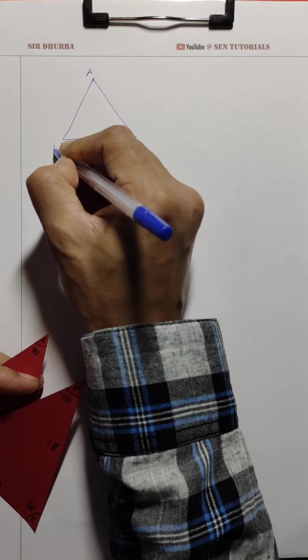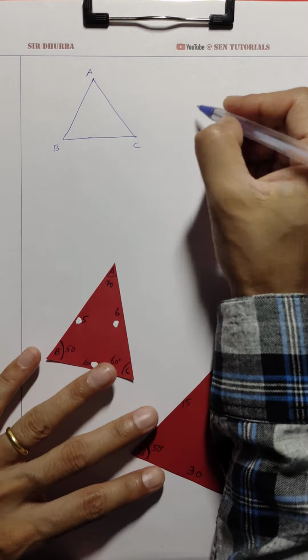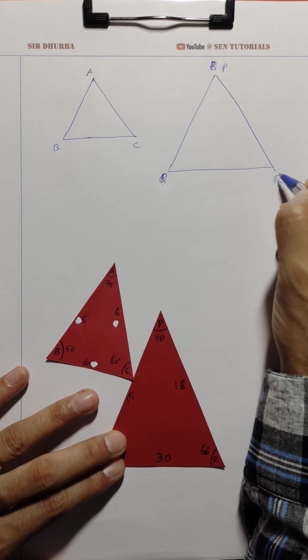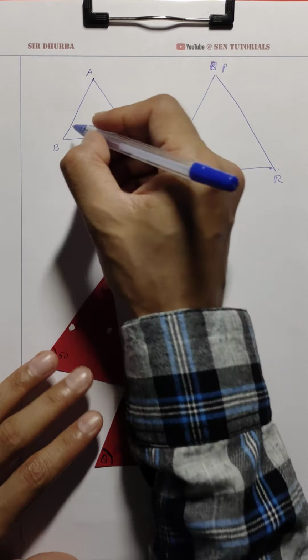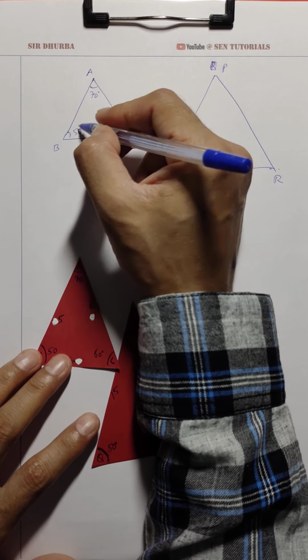Let's say this is ABC, and the bigger one, let's say it's PQR. So 50 degree, let's say 70 degree, 60, 120, 120, 80, yeah.